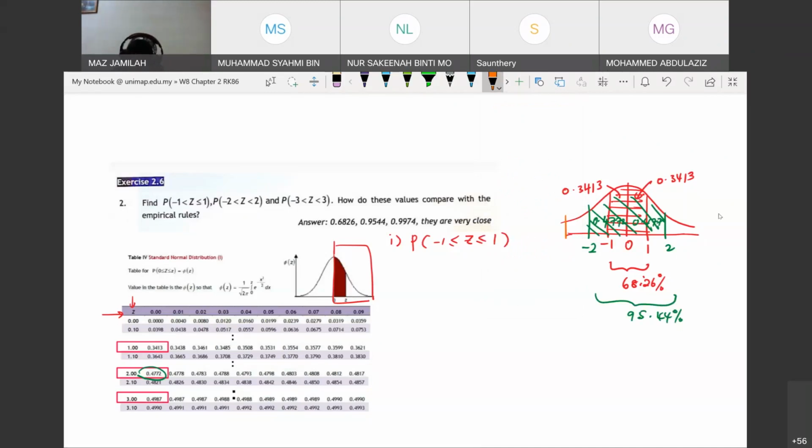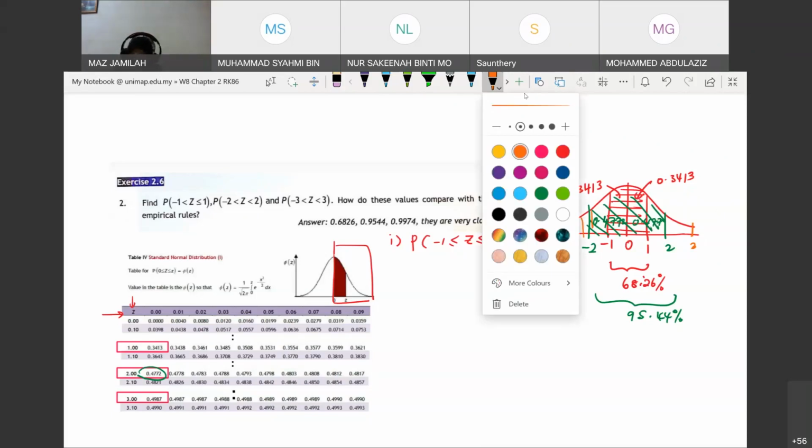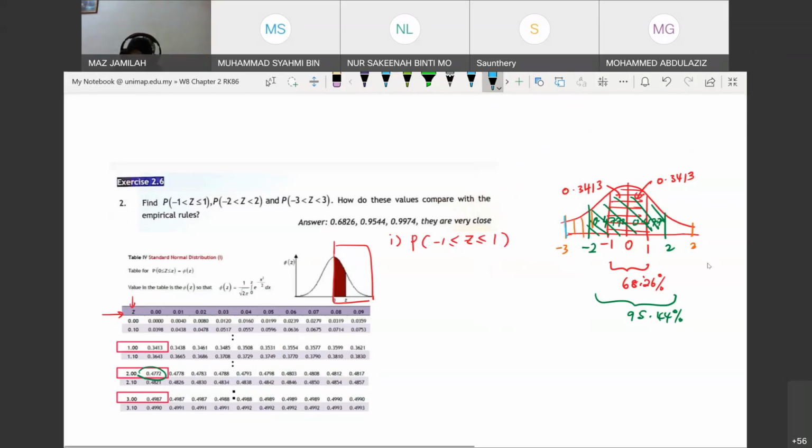So from negative 3 until 3, let's say the blue color. 3.00 will give you 0.4987, and here half of it is 0.4987.